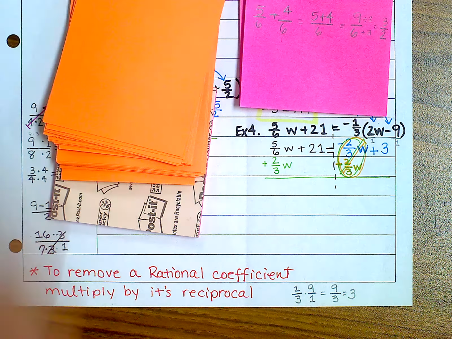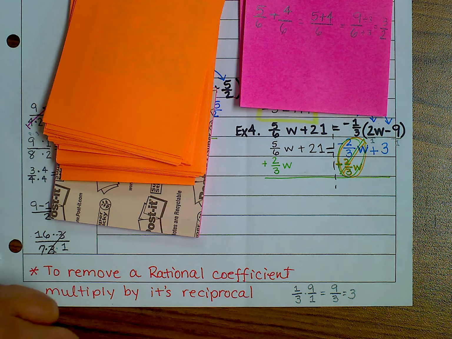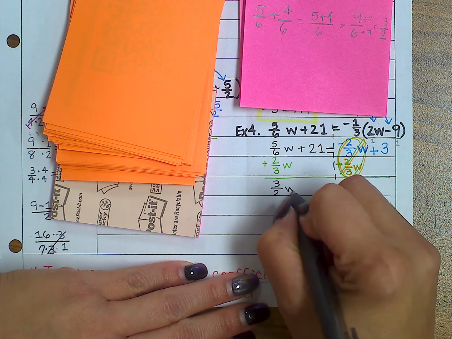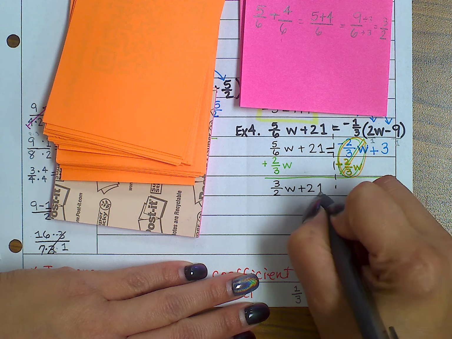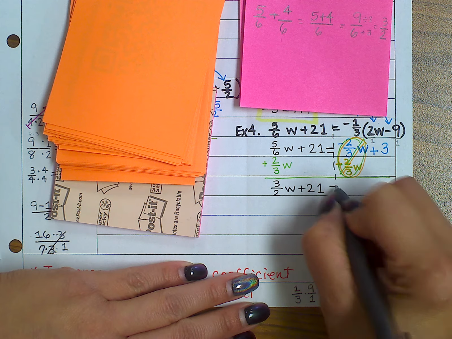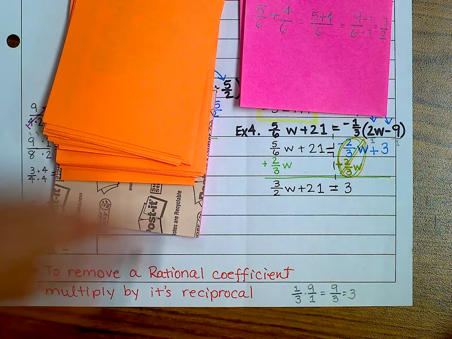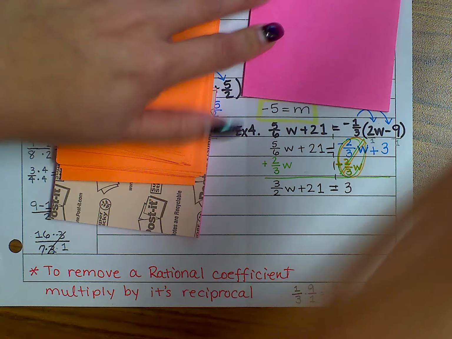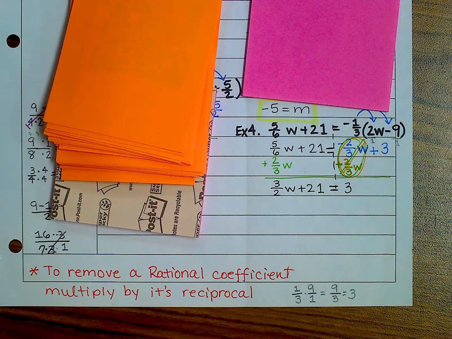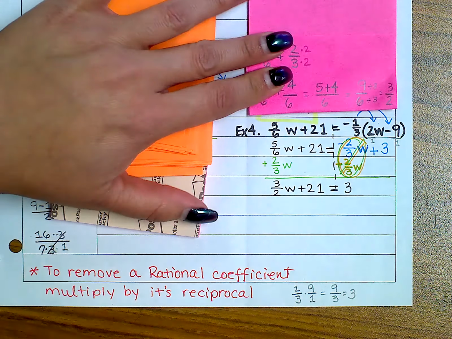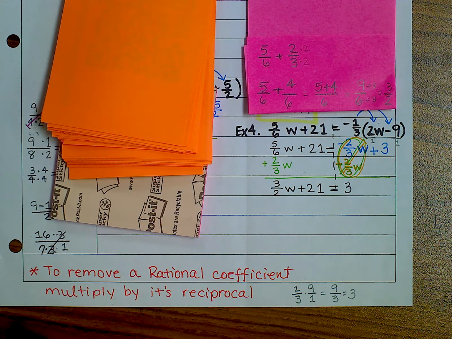All right. Let's go ahead and bring that on down then. So I have 3 over 2 W plus 21 equals, and all I have remaining on this side is 3. There, just in case you wanted to look at that some more.